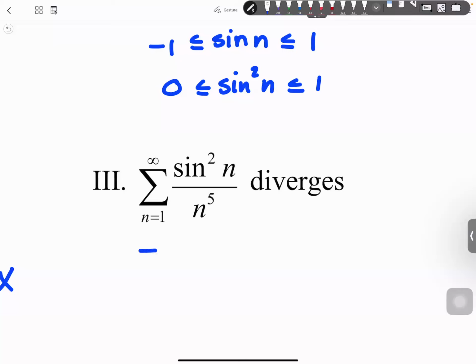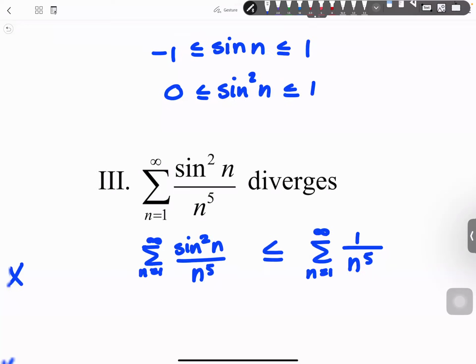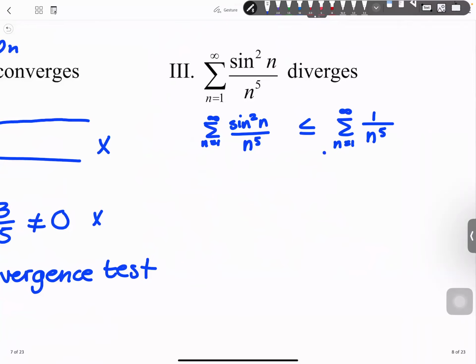So we can then say that if we compare the sum of sine squared of n over n to the power 5 to the sum of 1 over n to the power 5, we can determine an inequality. Inequality looks like this. So we know that this piece right here is a convergent p-series, right?